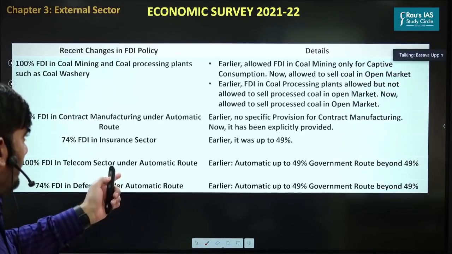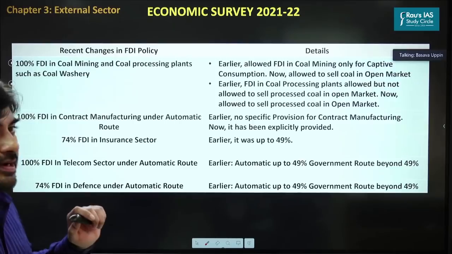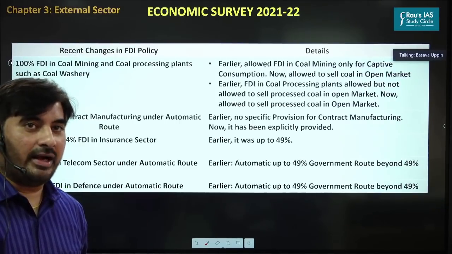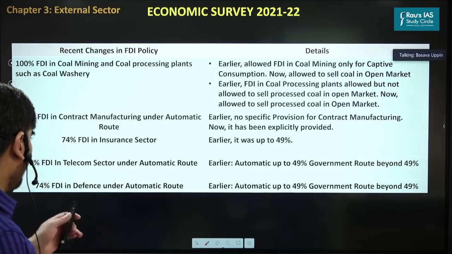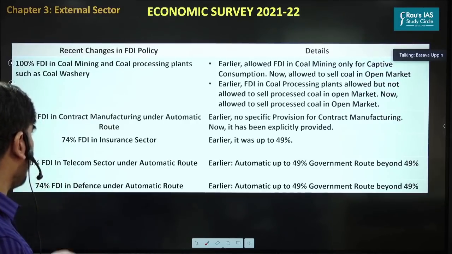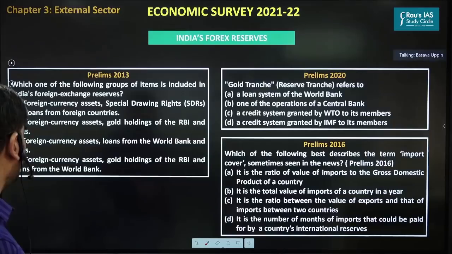Apart from that, in this particular table, I have incorporated the important changes in the FDI policy in the last 1 to 1.5 years. I'm pretty sure you can go through this table and understand what all changes have been incorporated in the FDI policy.